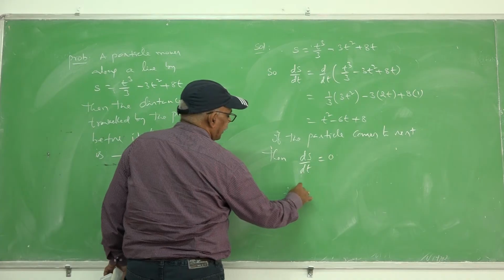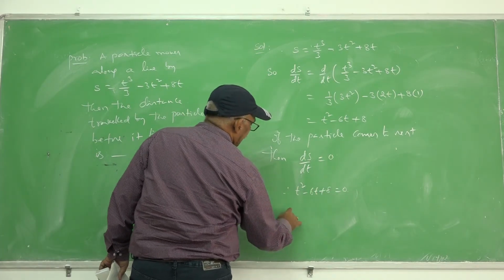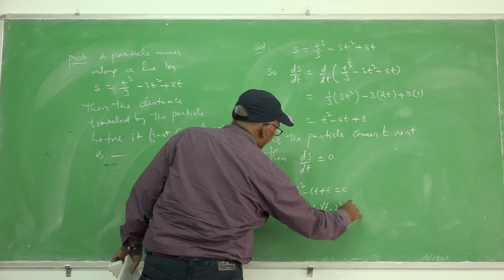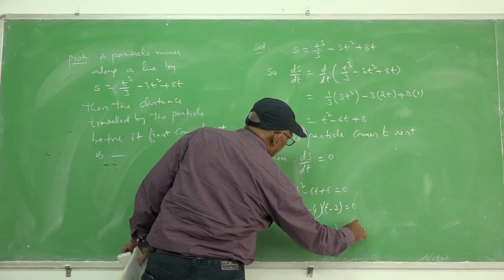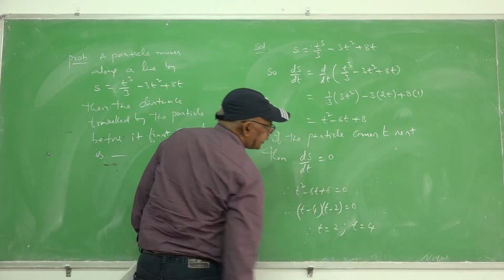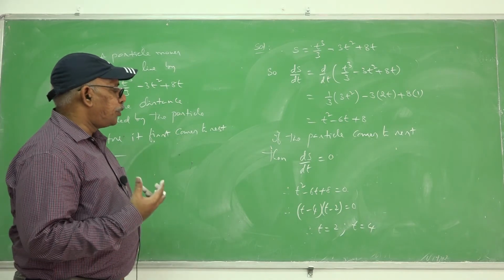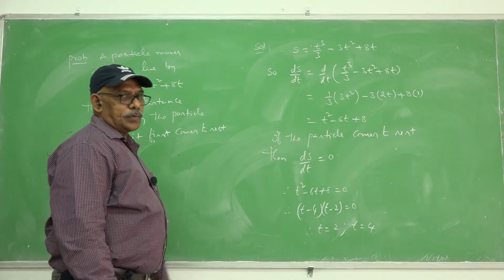Therefore, t square minus 6t plus 8 equal to 0, which may be factorized as t minus 4 into t minus 2 is 0. Hence, either t equal to 2 units or t equal to 4 units, it comes to rest.